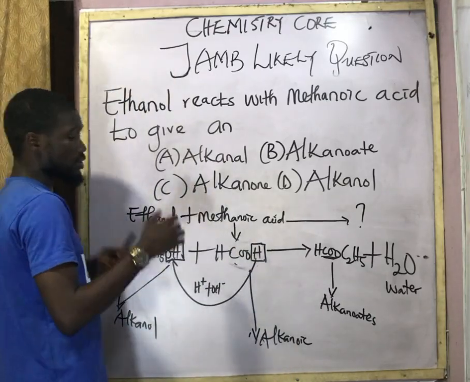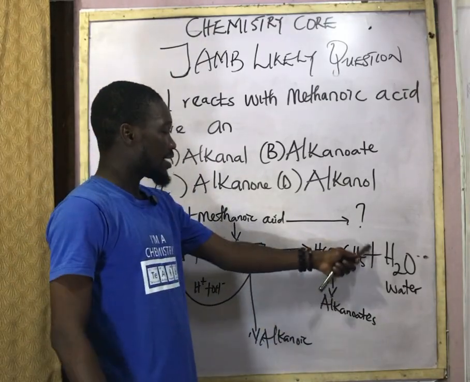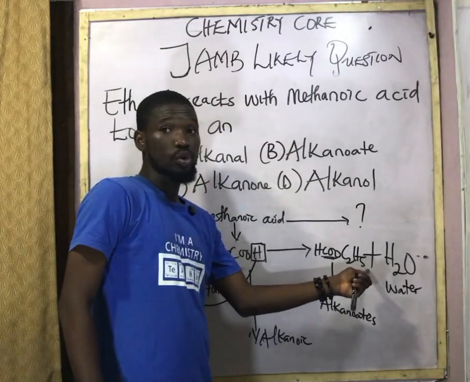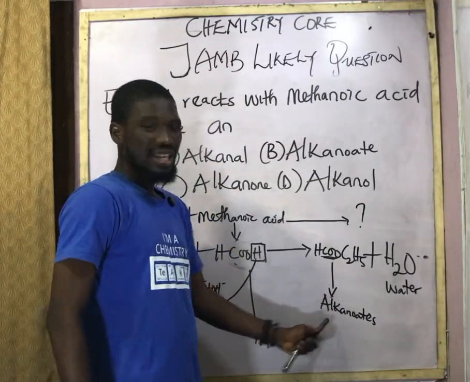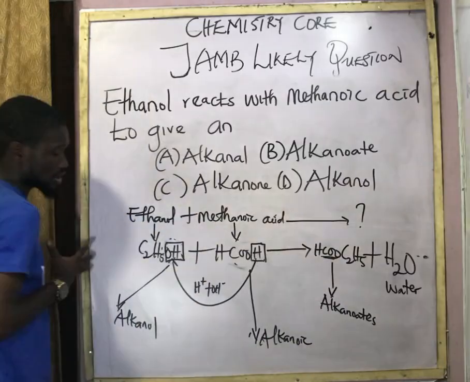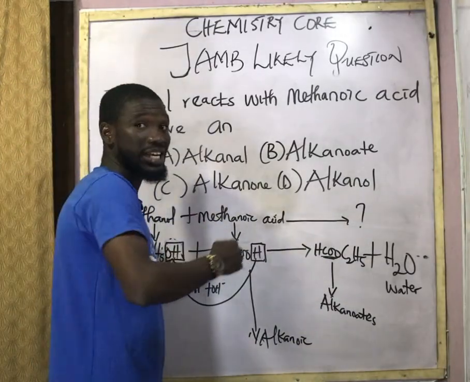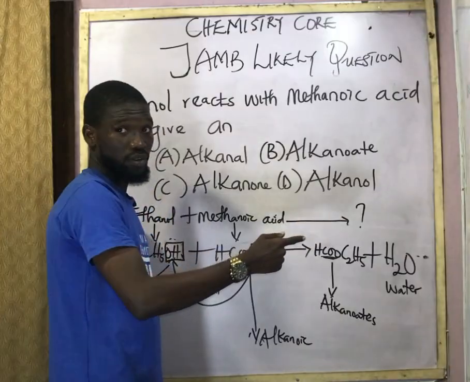With what you have here, it shows that this compound is a good example of an alkanoate. And this type of reaction is called esterification reaction, that is the forward reaction.